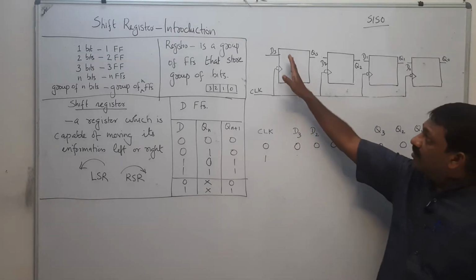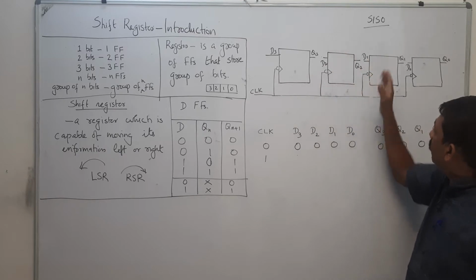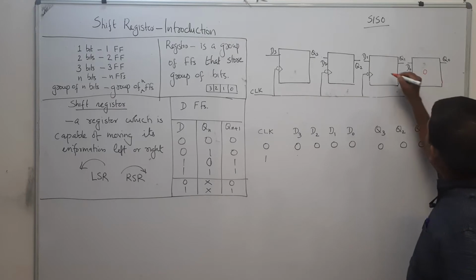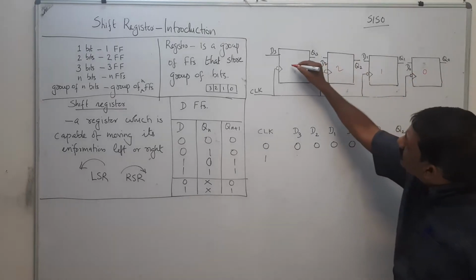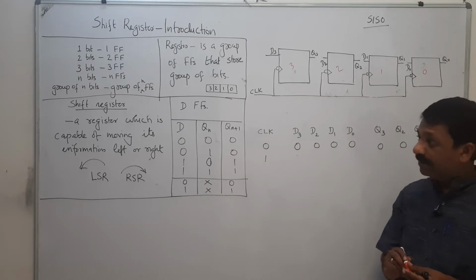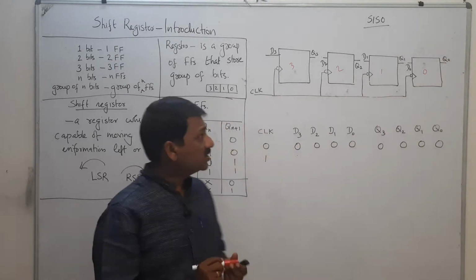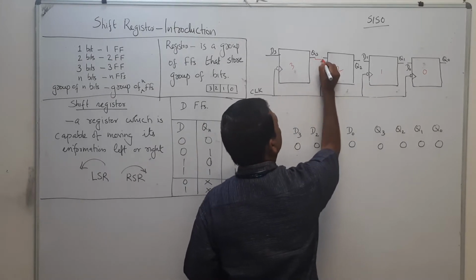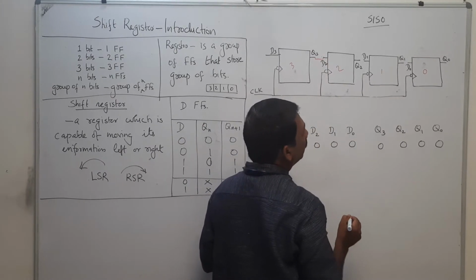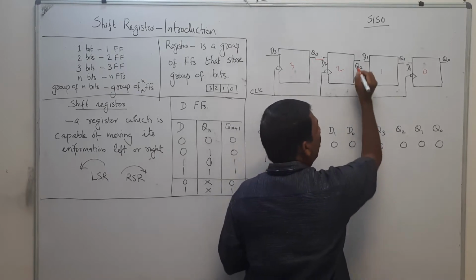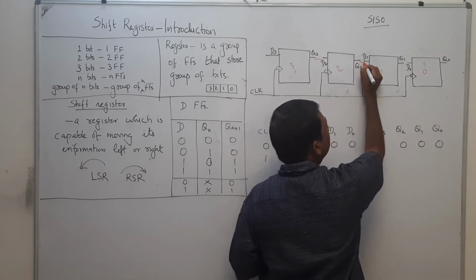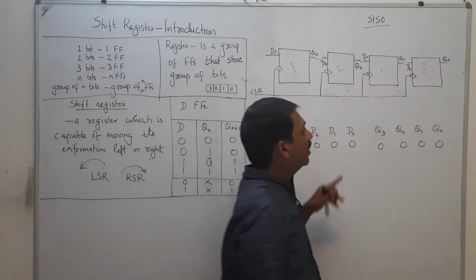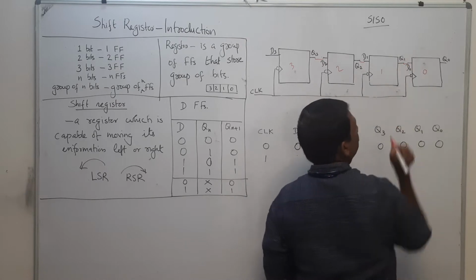Here you have flip flop number 0, this is 1, this is 2, and this is 3. The output Q3 is connected as the input of flip flop 2, the output of the second flip flop is connected to flip flop number 1, and so on.